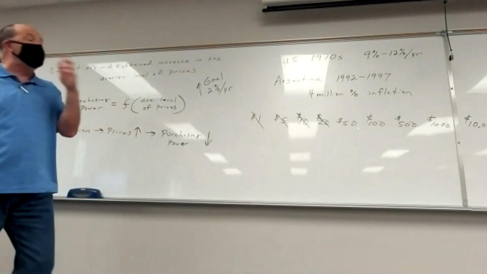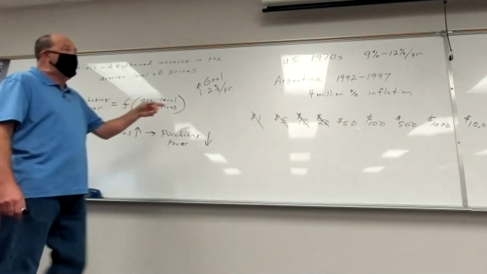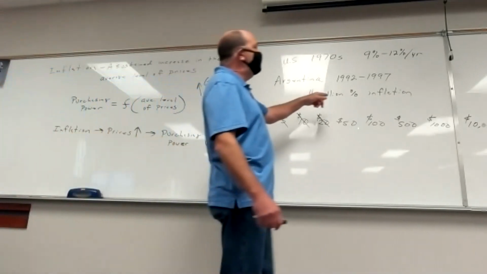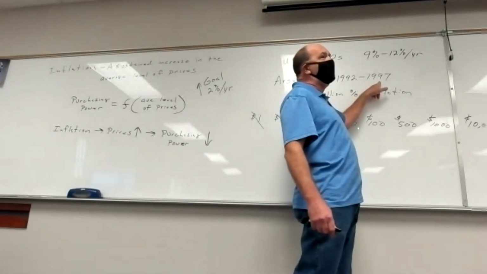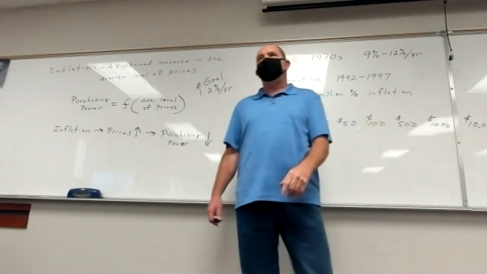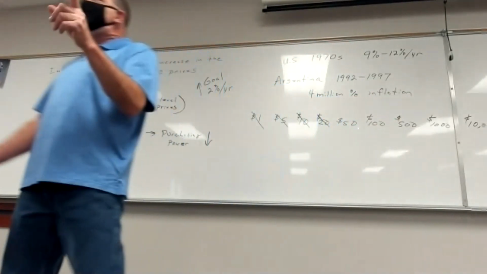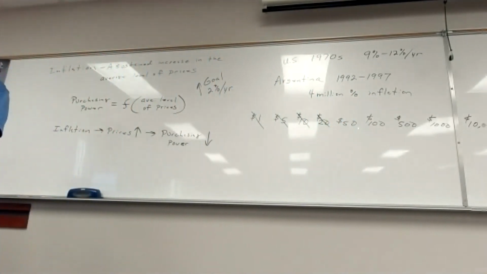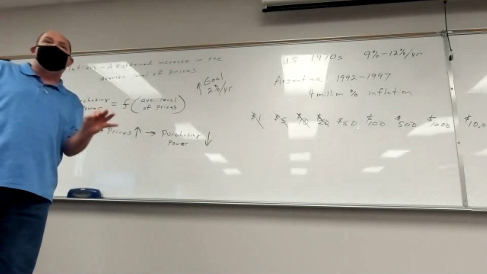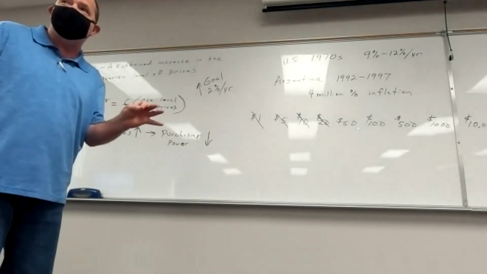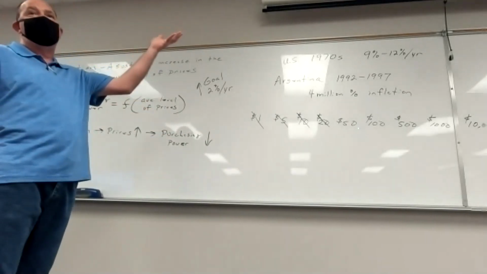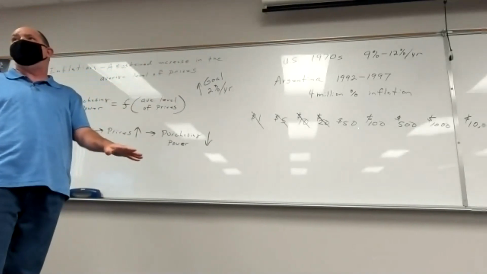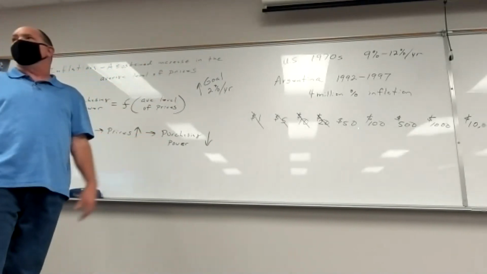In fact, by 1997, some unions were demanding that their workers be paid twice per day. If you made $1 at 9 o'clock in the morning but they didn't give it to you until 5 o'clock in the evening, prices had gone up so much that the money was worthless.